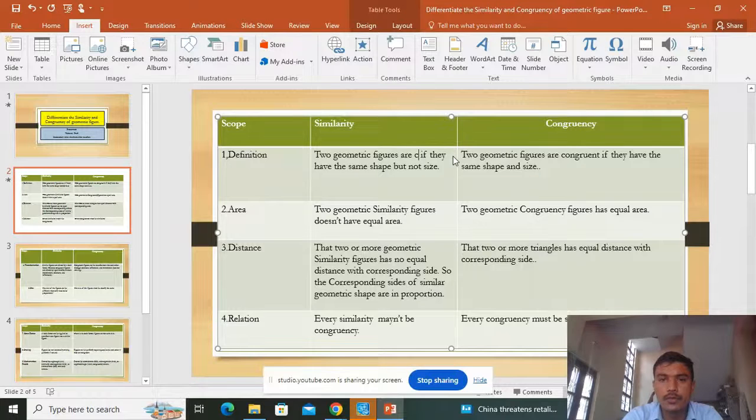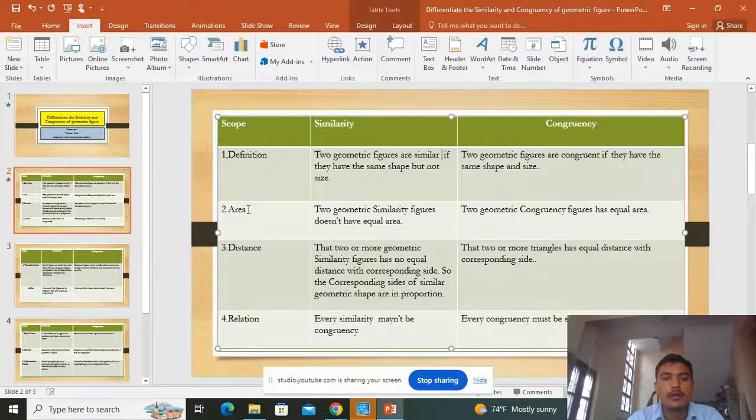Two geometric figures are similar if they have the same shape but not the same size, but two geometric figures are congruent if they have the same shape and size. They have both the same shape and size, but similarity has the same shape but not the same size.